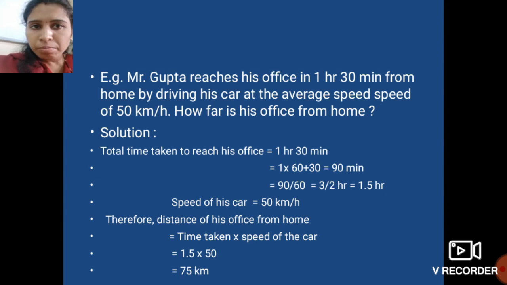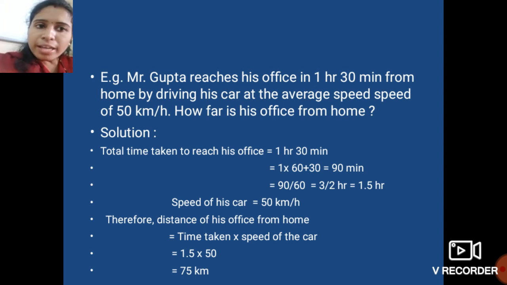Just like we take this example, Mr. Gupta reaches his office in 1 hour 30 minutes. So here we have a time given, that is 1 hour 30 minutes. And at the average speed of 50 kilometer per hour, here we have also been given a speed.